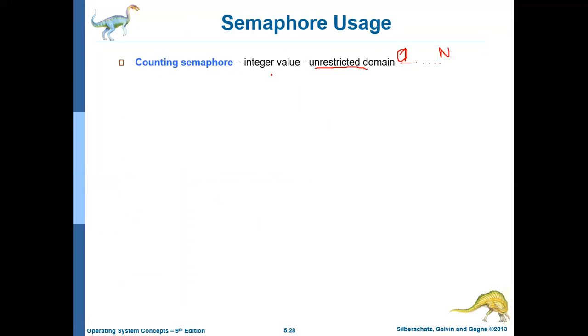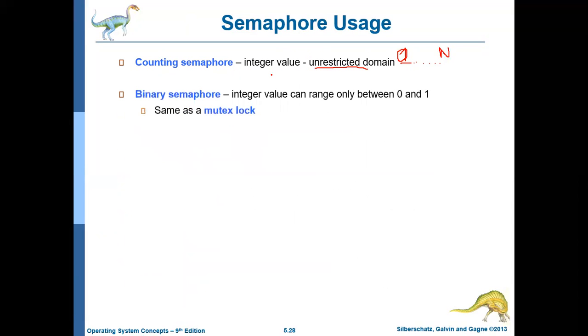The second type is binary semaphore. Binary semaphore can take only values 0 and 1. The binary semaphore is similar to mutex lock. If the mutex lock feature is not available in your system, then it can be implemented using binary semaphore.